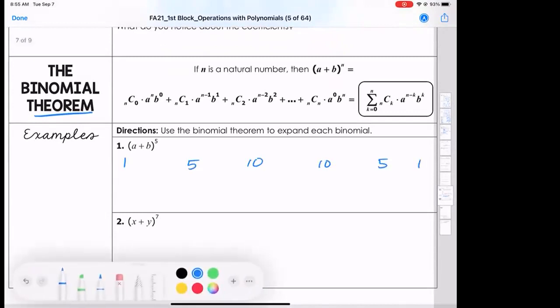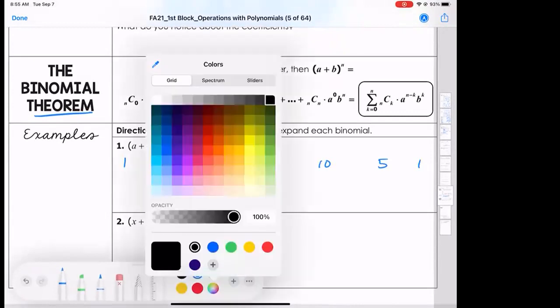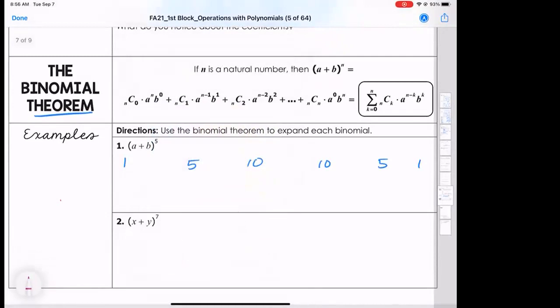Then I'm gonna put in my A's and B's. So it's A to the 5th, A to the 4th, A cubed, A squared, A, and then B to the 1st, B squared, B cubed, B to the 4th, B to the 5th.